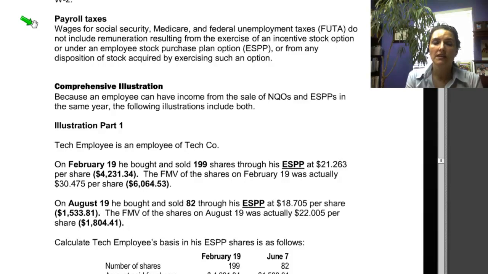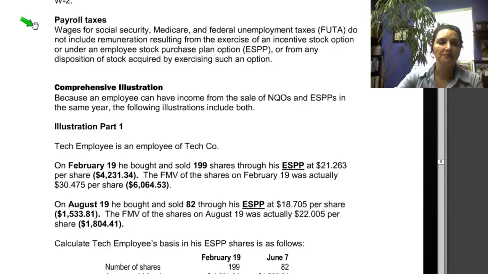But with non-qualified stock options, the difference between the fair market value of that stock and what the employee pays for it is included as wage income and is also subject to Social Security and Medicare tax. But with ESPPs, you are not subject to Social Security and Medicare tax on that difference. You're only going to have to report that difference as wage income.